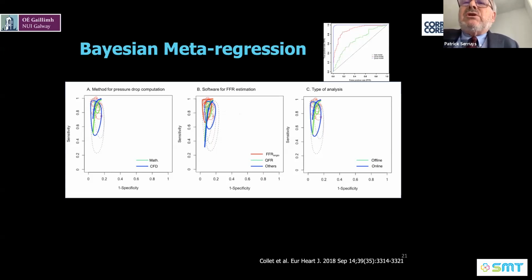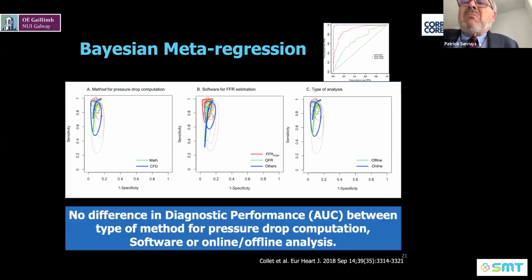And as you could see, we looked at the mathematical formula of the CFD, and the shoulder of the area under the curve is very high for the method for pressure drop computation. It's also very high, doesn't matter if you talk QFR of MEDIS, FFR angio, or CathWorks.